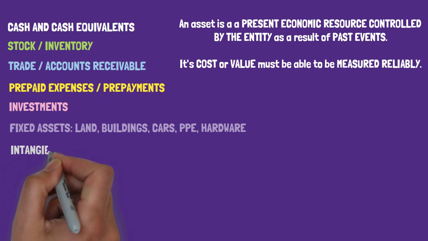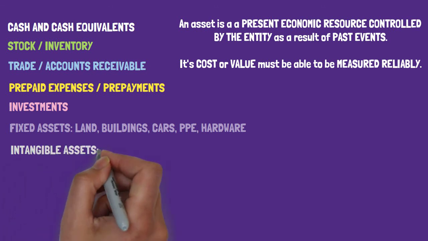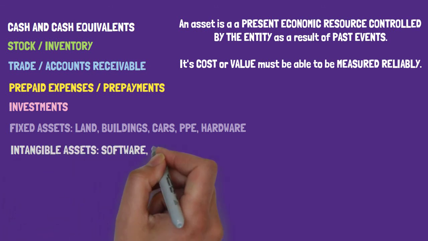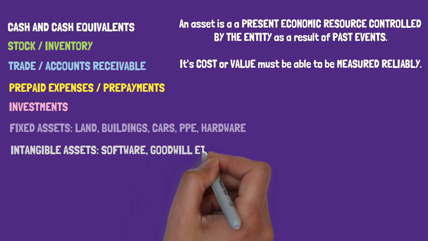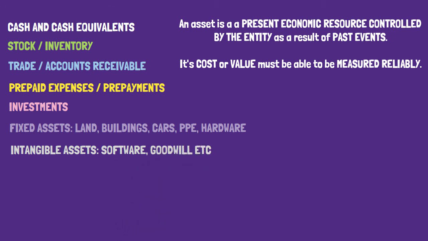You then have intangible assets, which are assets you cannot see or touch. Similar to fixed assets in the sense that they're there for a long-term purpose to help you do the work, or to enhance another asset in itself, or to help create another asset. And these are things like software. You also have goodwill.